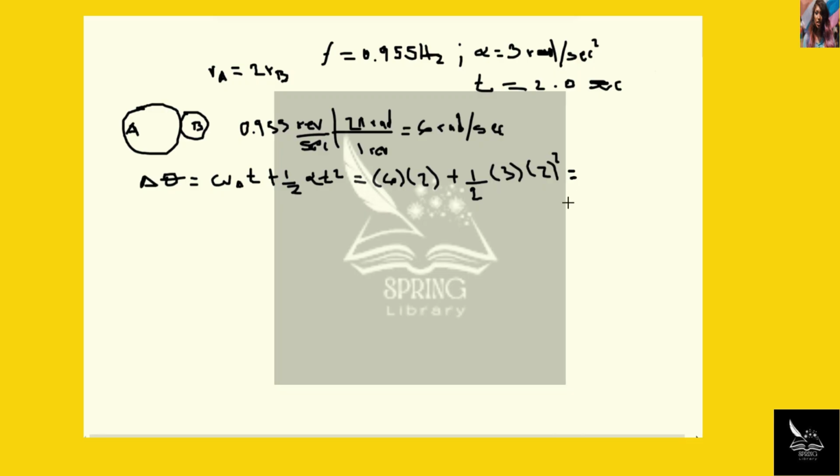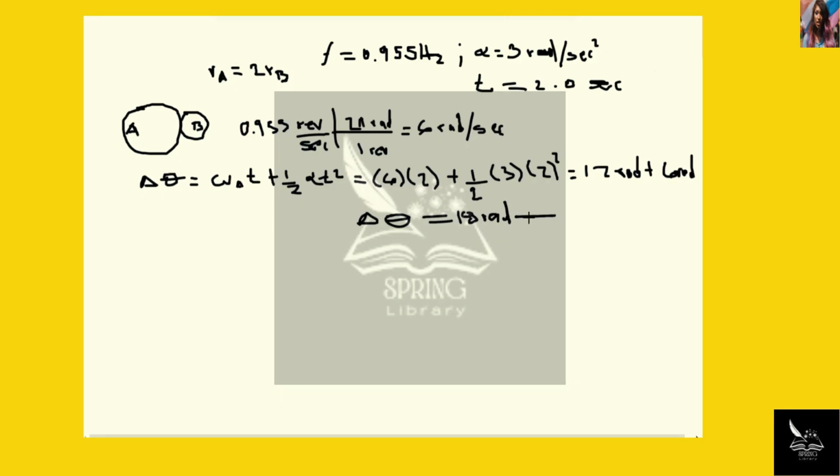If we do the math, we will find that there is 12 radians for this term plus 6 radians for this term, and the angular displacement is 18 radians.